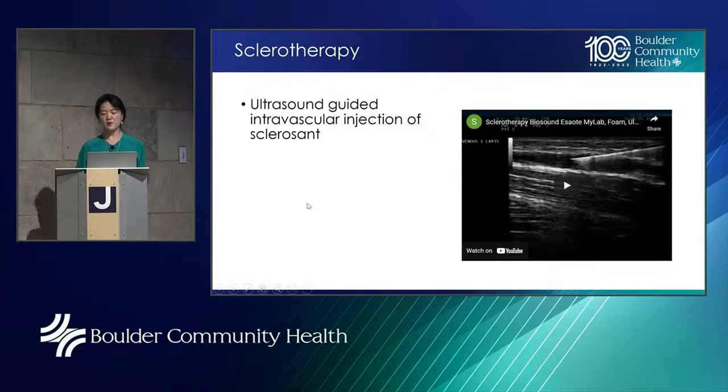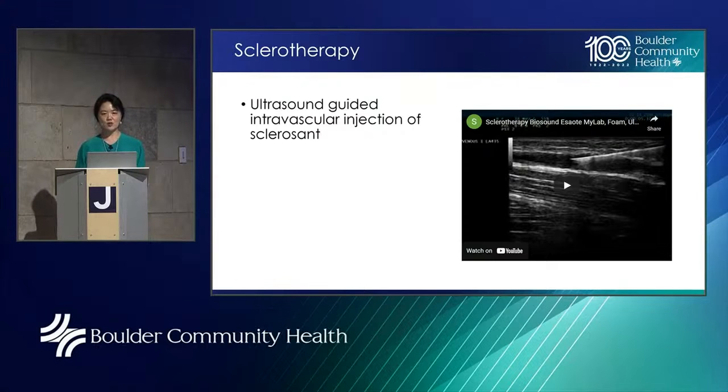This is an example of ultrasound-guided sclerotherapy. I do all of my sclerotherapy for the deeper system with ultrasound guidance because you need to make sure that the sclerosant gets exactly where it needs to go, which is inside a vein. So what is sclerotherapy? Sclerotherapy is a liquid injectant that we use to treat veins that are too serpiginous, too small, too tortuous for laser treatment.